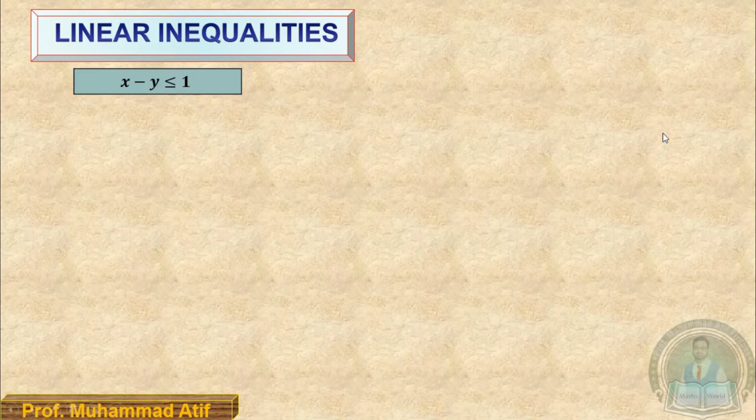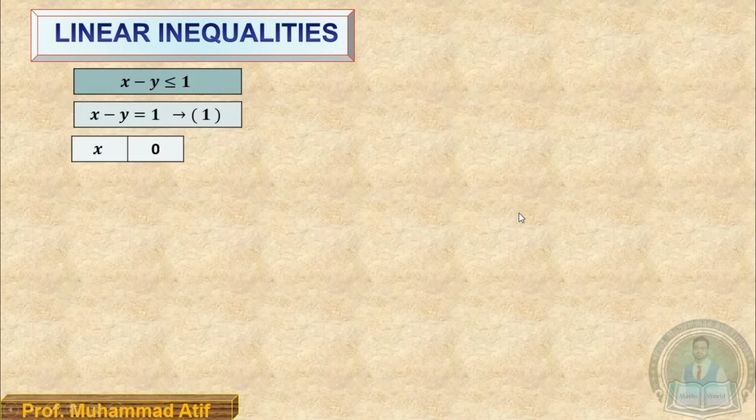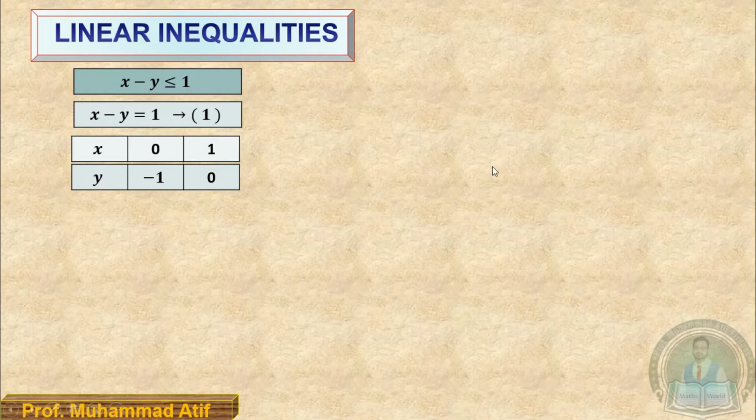First, you have to convert this into the associated or corresponding equation. Just replace this less than or equal to sign by equal to. Then put x equal to 0 in this equation 1, we have y equal to minus 1. Put y equal to 0 in equation 1, we have x equal to 1. So make that table and draw the line.